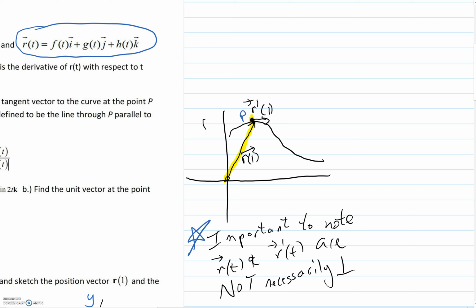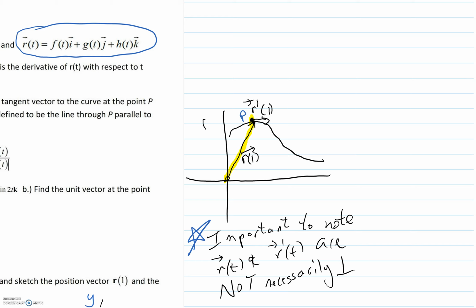And very, very importantly, I want to put a star right here. It's very critical to note that r of t and r prime of t don't necessarily make a right angle. Later in this lesson, we're going to talk about a theorem where that can happen under very special conditions.